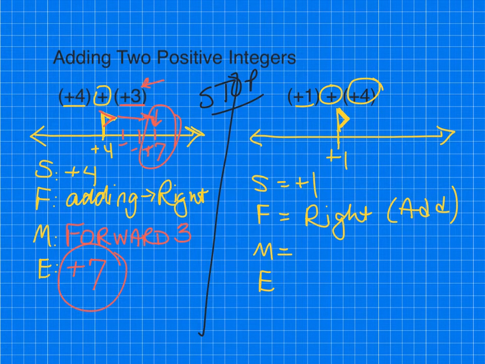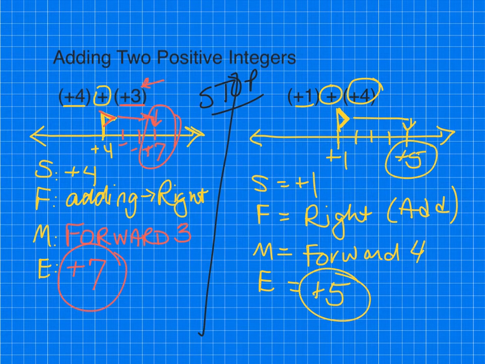This is a positive number, so we're going to be moving forward, and the absolute value of positive 4 is 4, so we're going to be moving forward 4. So that's 1, 2, 3, 4. This is where we end. And that's 1, 2, 3, 4, 5, positive 5. That's where we ended, and that therefore is our answer, positive 5.